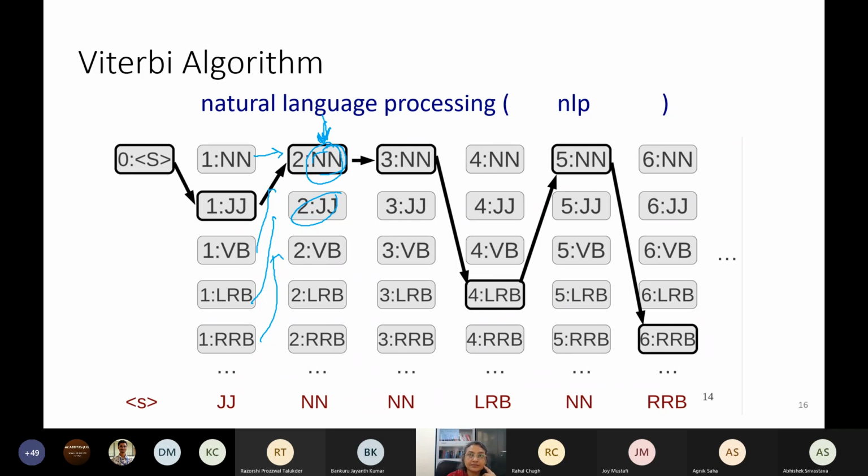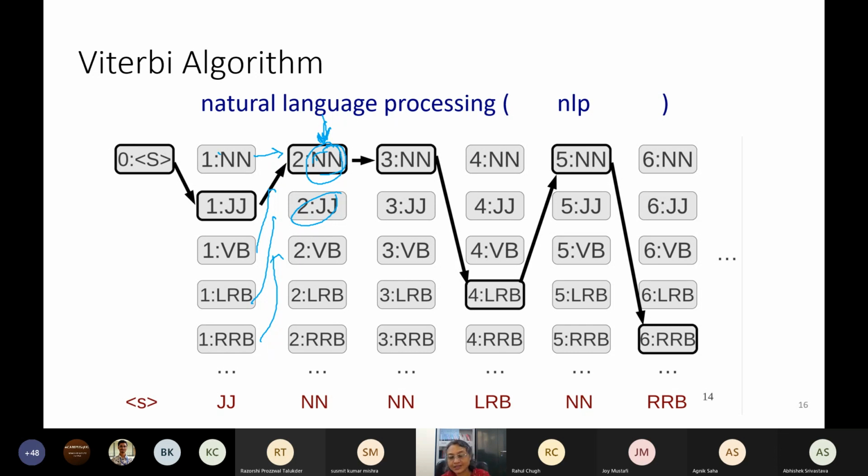Can you suggest? We can use the maximum of those. Correct. So absolutely. So we could have got noun as noun to noun or adjective to noun. So for each of these, we find out the probability of the path start to noun, start to adjective to noun, start to verb to noun, left bracket to noun, right bracket to noun.